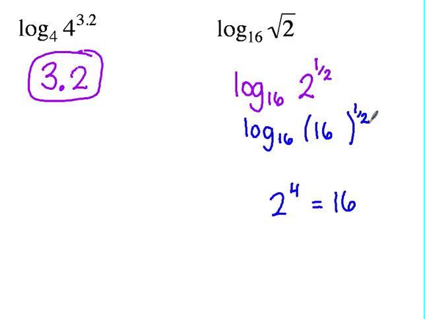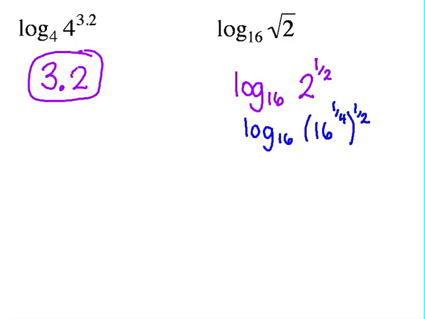Not negative. You're close. It's the what? I think it's 1/4. Very good. It's actually 16 to the 1/4 power. Okay? Because it's actually the fractional value. And if you want to try that on your calculator, you could type in 16 to the 1/4 power.